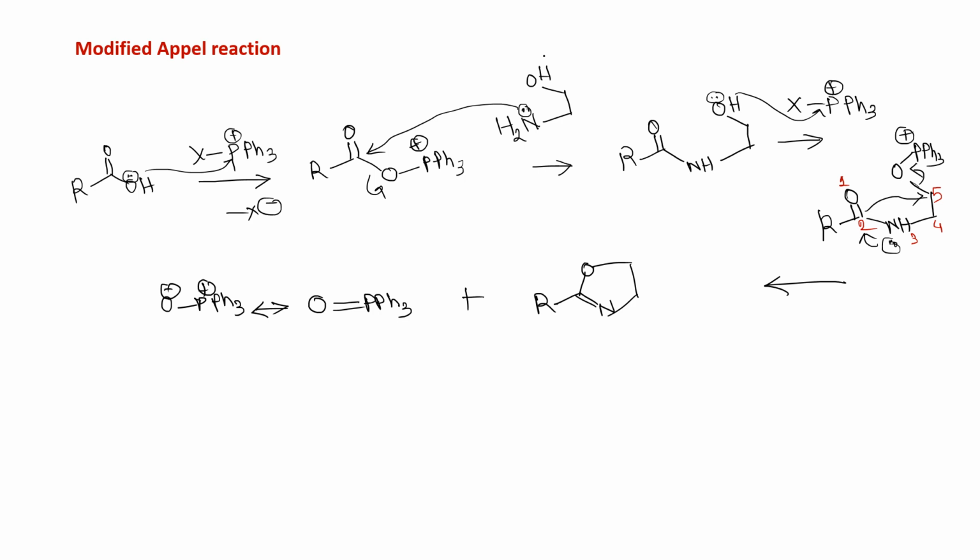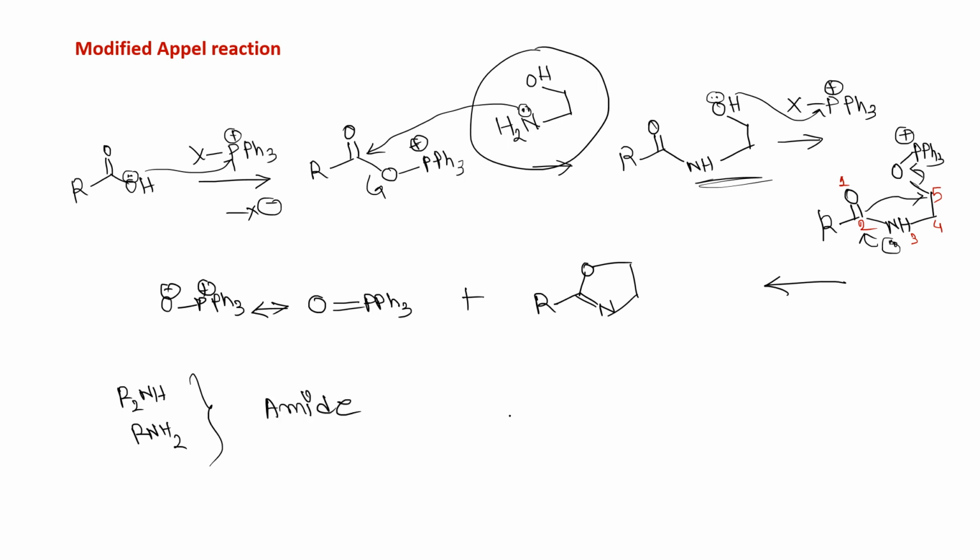But suppose instead of taking this nucleophile, I am taking R2NH or RNH2, these can also be taken as nucleophile. So in this case, instead of this molecule, we will get RCONR2 or RCONHR. So in general we can say that we are getting amide.